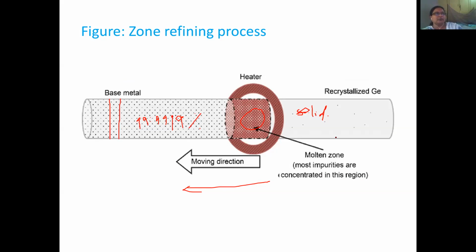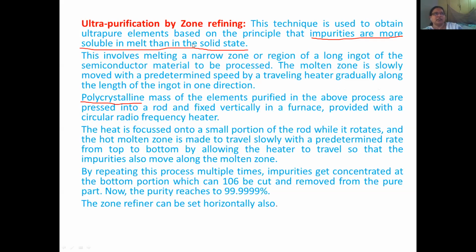Then we have the preparation of semiconductors by the zone refining process. In zone refining, we develop polycrystalline material, and the main principle is that impurities are more soluble in the melt than in the solid state. And we get around 99.9999% pure metal.